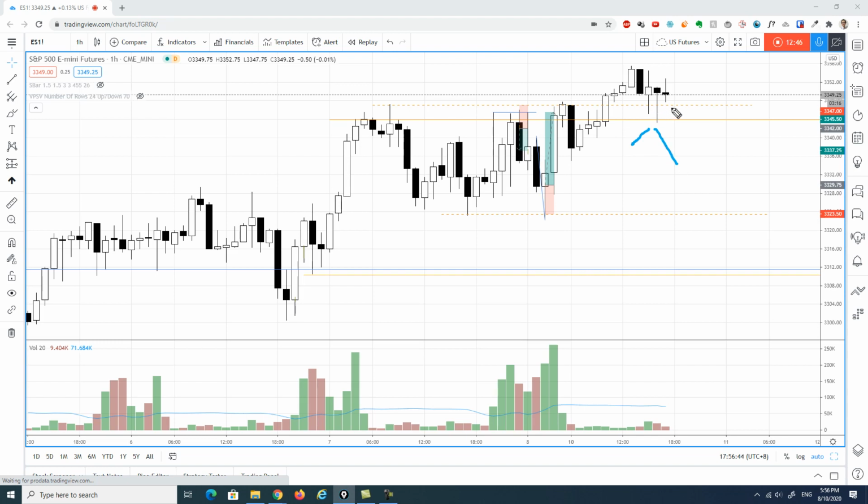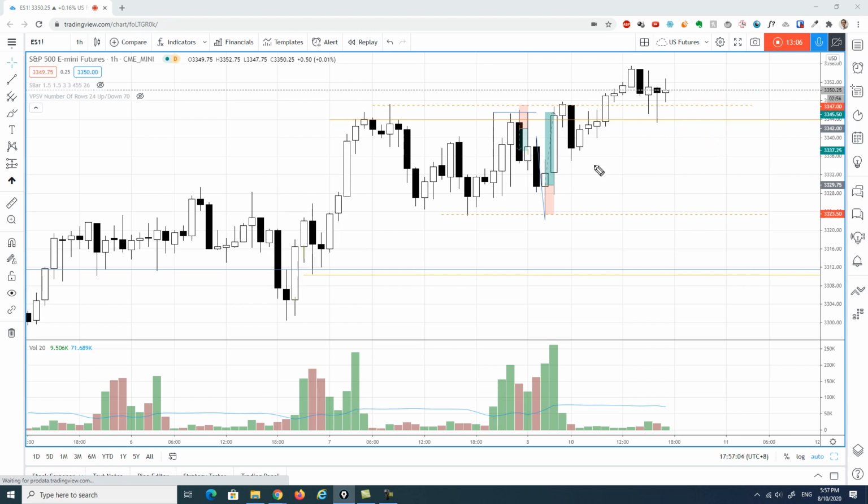So I think this is a possible trade: if we have the price action rebound from the level forming around 33.45 here, then it could become a nice long entry.